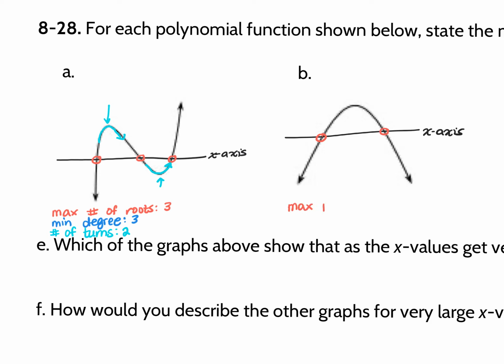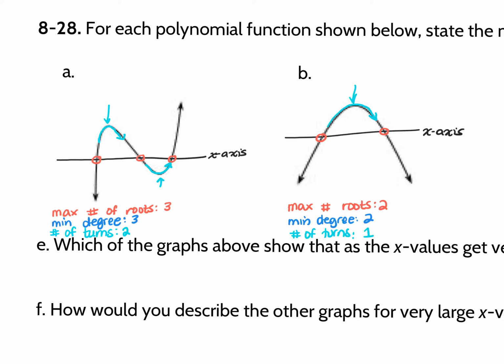So this is the maximum number of roots, and I get 2 this time, which we know that impacts our minimum degree. So our minimum degree will be the same as the maximum number of roots. And then finally, the number of turns. Okay, so the number of turns is how many places where it starts by going up and then turns and goes down. So we just have this one place where it turns this time.